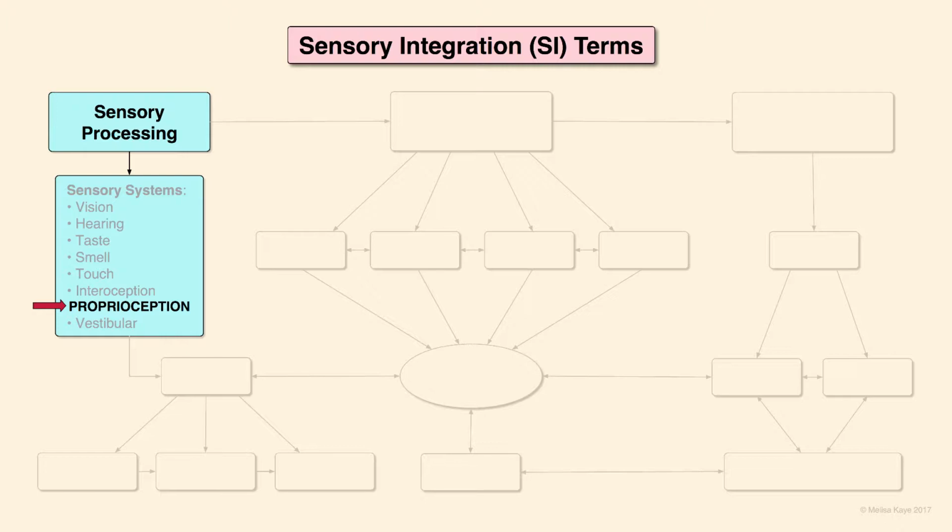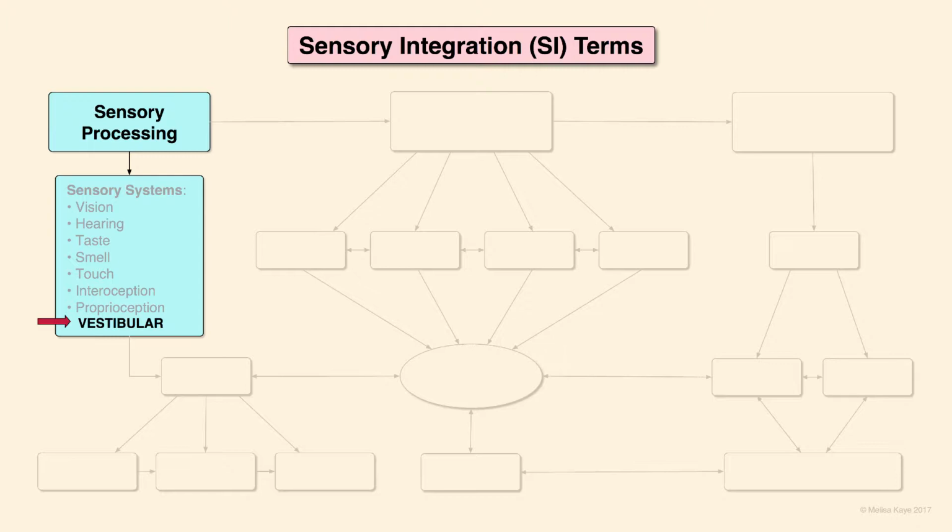Last is our vestibular system, which provides information about balance, posture, and our body orientation in space. Vestibular receptors are located in our inner ears, and they respond to head movement. So this system also helps us stabilize our vision even when our head is in motion.